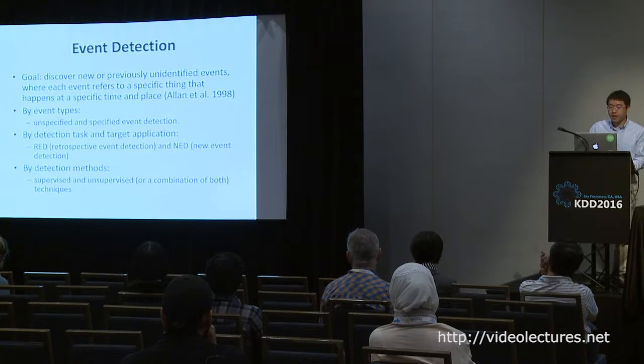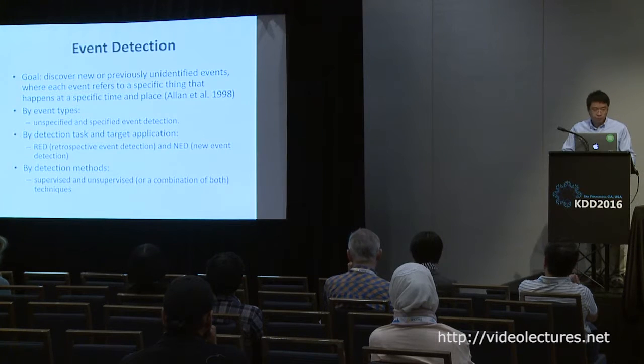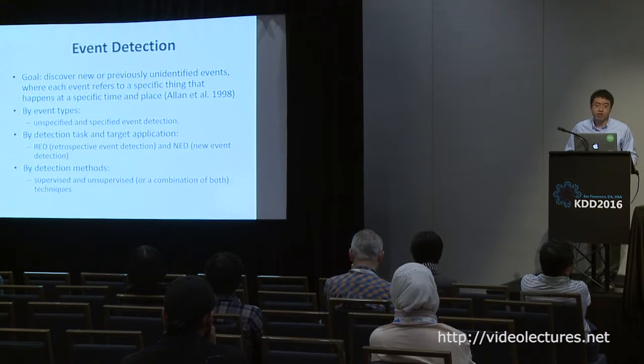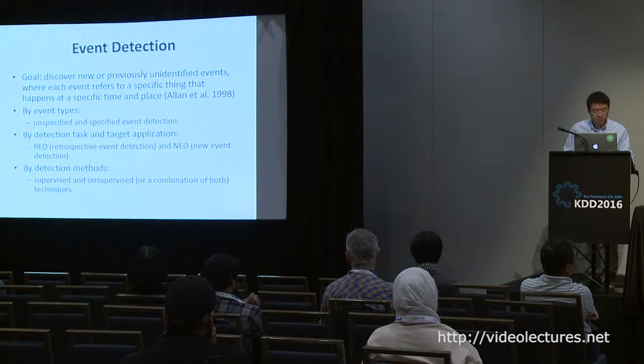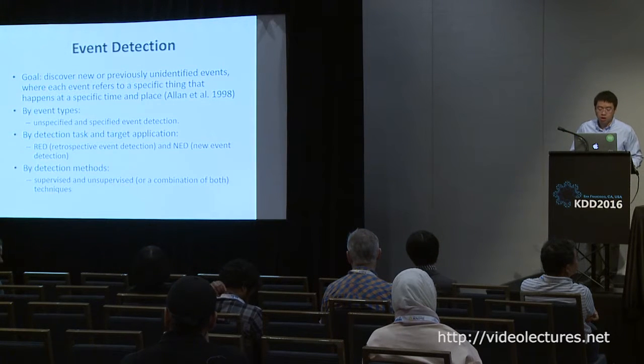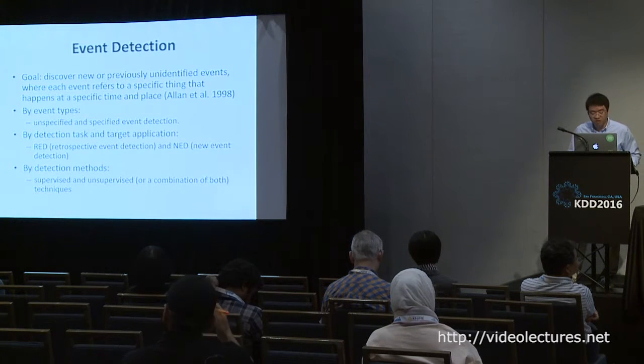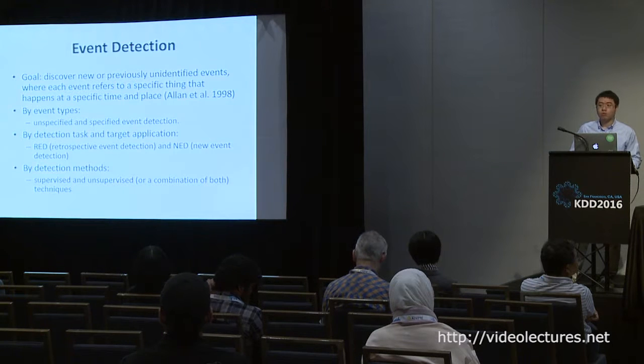There are a wide range of event detection algorithms proposed over the past few years, and they can roughly be organized from different perspectives. If we look from the perspective of event types, most existing event detection algorithms can be categorized into handling unspecified events versus specified events.